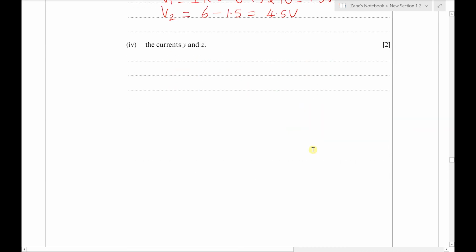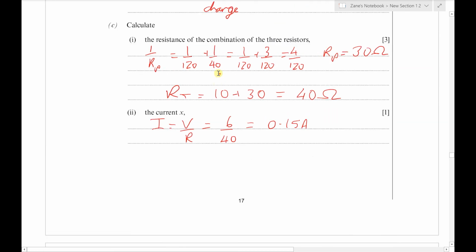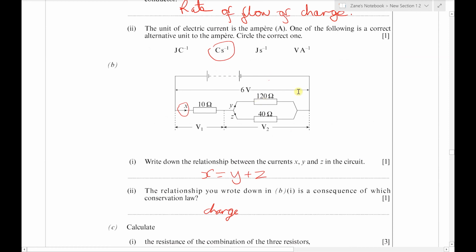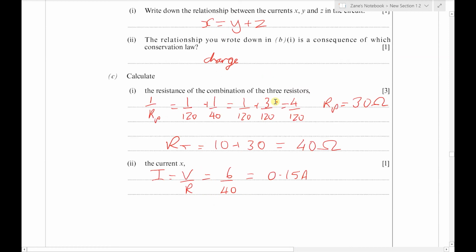Finally, to find the currents Y and Z, we can use V over R again. We know that there's 4.5 volts where Y is, so if we look at the diagram, Y is the current passing through the 120 ohm resistor.